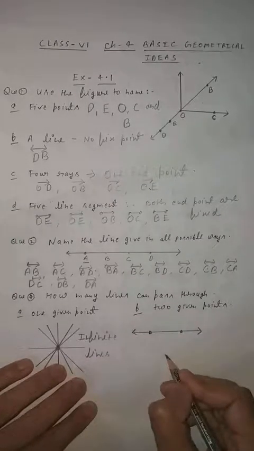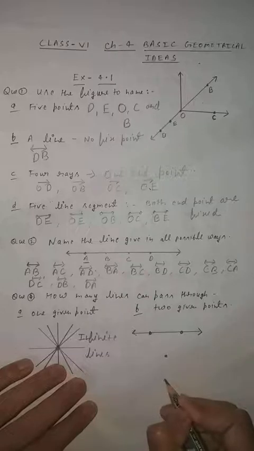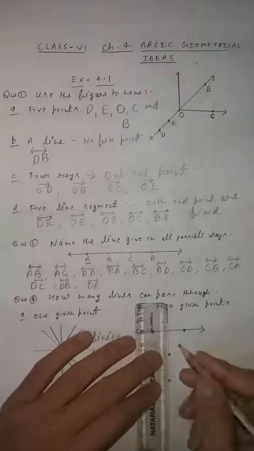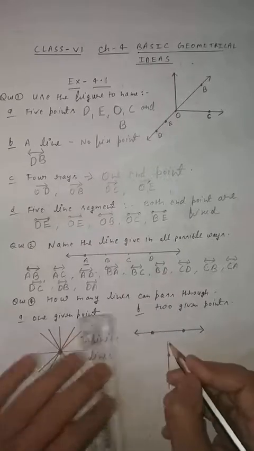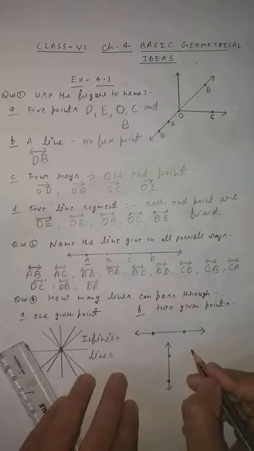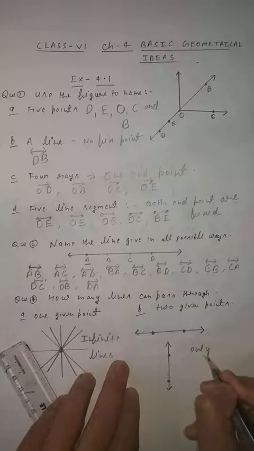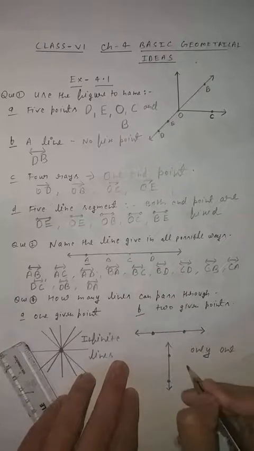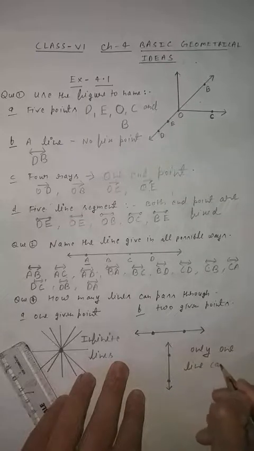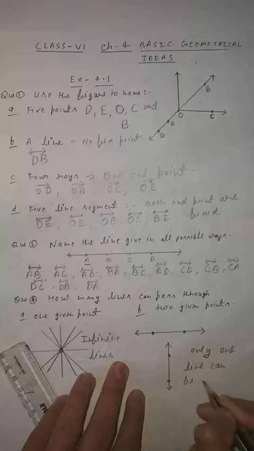If 2 points are given like that, again how many lines can you draw? Here you can see clearly only one line you can draw. So 2 given points, only one line can be drawn.